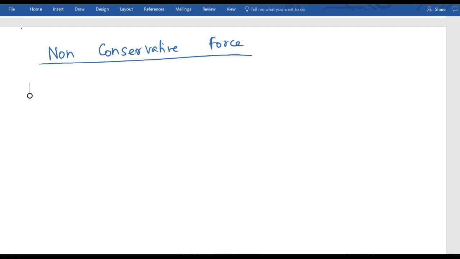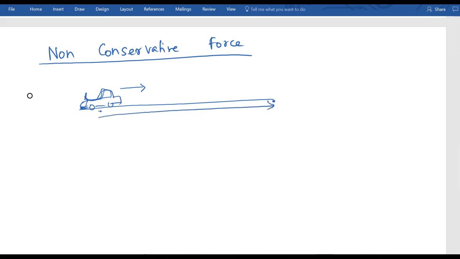So let's take a quick example of an object, say a car. Let's say it's moving this way, from here to this position, where the displacement is going to be d. This is the direction of the velocity.